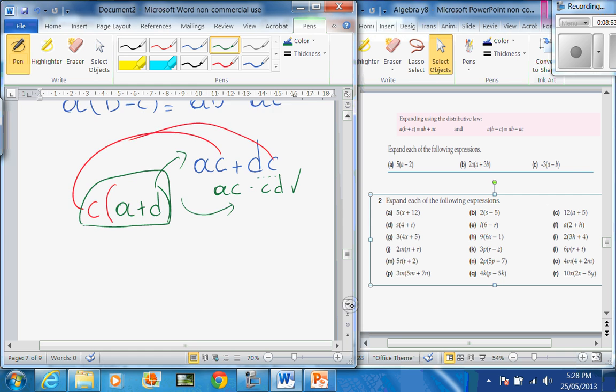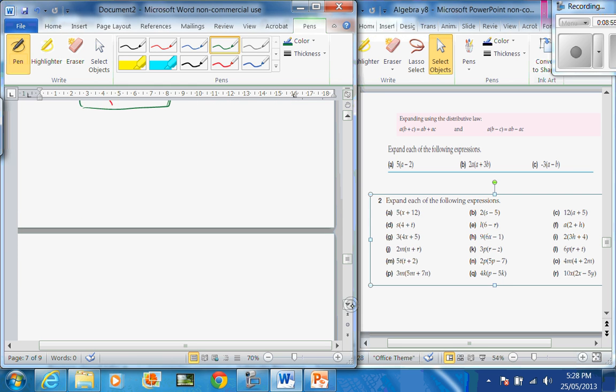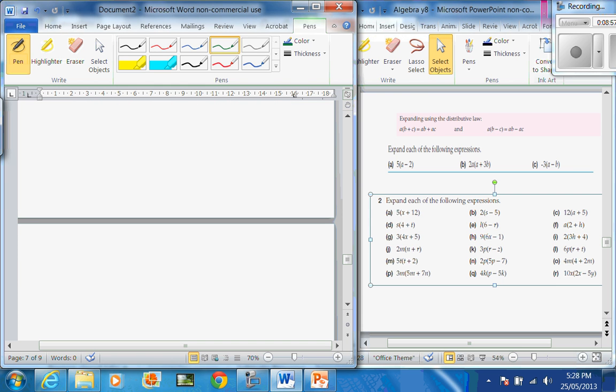So, do you understand the idea behind distributive law and expanding? Expanding is actually like multiplying. Let me show you this example: 5 times (a take away 2). I want you to think of a minus 2 times 5, and multiply as you do with numbers.